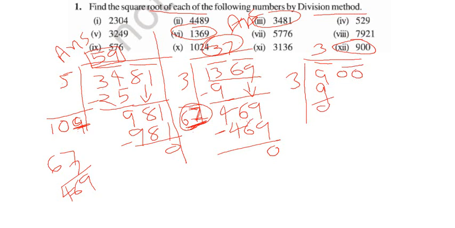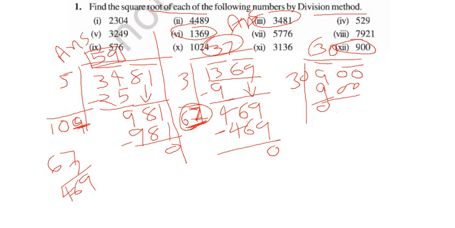So now this remaining 00, you can assume that the square root of 00 is 10. So this is 30. Without doing further calculations, you can put 0 here and 0 here. So it became 900. 30 times 30 is 900.